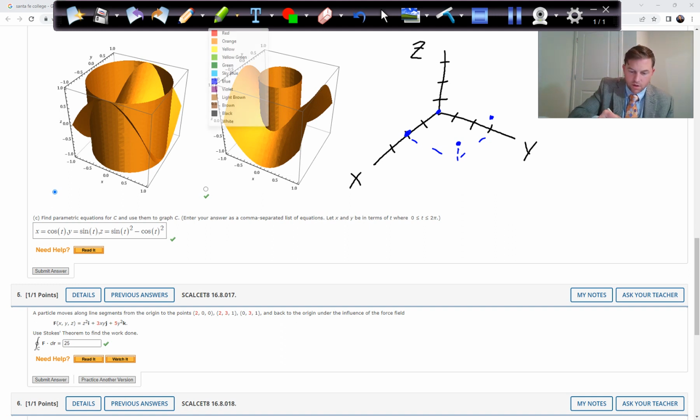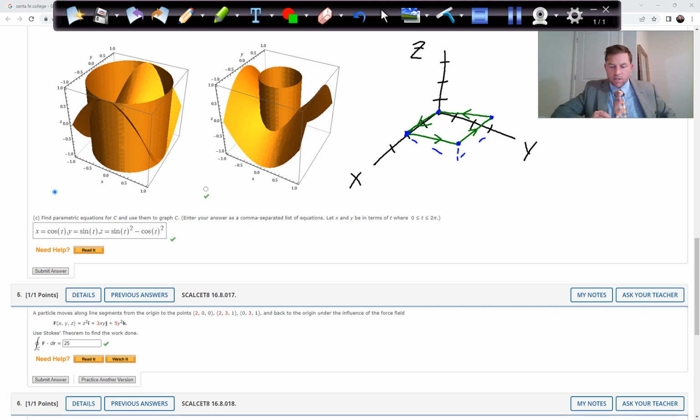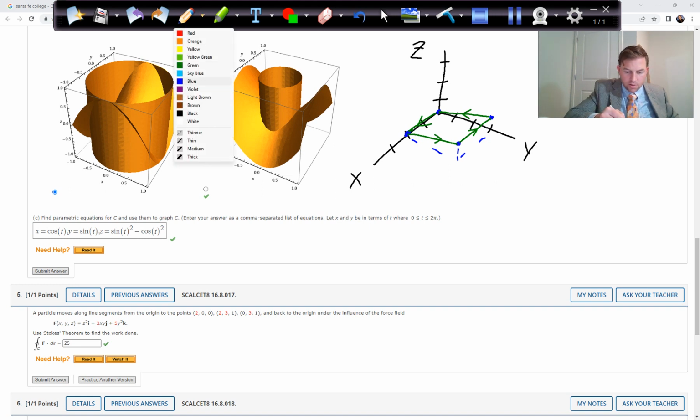So it goes from here to here, this direction, goes from here up to here in this direction, and it goes straight across to there, and then it goes back down to the origin. So this is the path of the particle under this field.